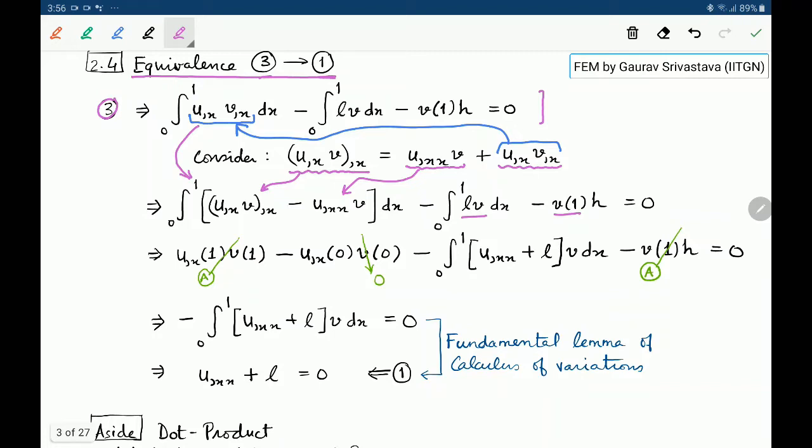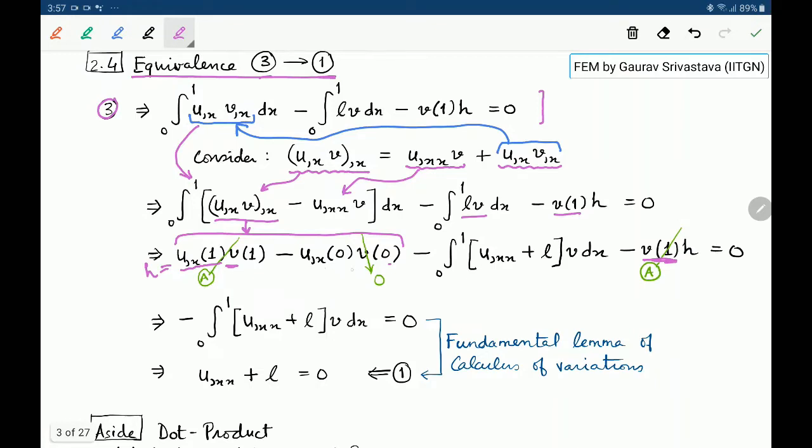Now this is a whole derivative, so it will integrate out. So u comma x at 1 times v at 1 minus u comma x at 0 times v at 0. Now this u comma x at 1 you may recall is equal to h, and this will cancel out with this term here which we had from earlier.